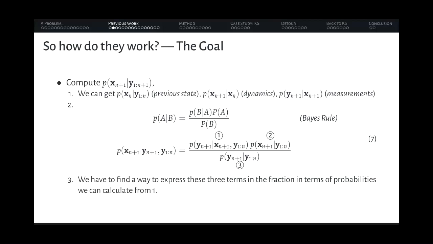We had an initial state, which in this case is basically the previous state, the best distribution for that. We have a model that allows us to figure out this conditional distribution that tells us what the next hidden state should be. It's just the dynamical model. And we have this distribution that tells us how the observation is related to the hidden state. It's the measurement model. You basically just build out Bayes' rule.